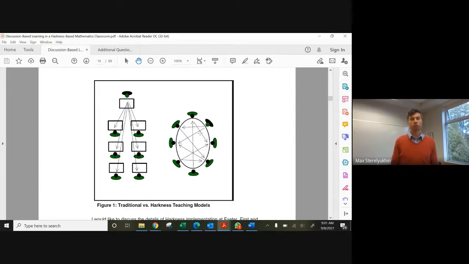And of course, there are some noticeable differences in terms of how the learners and the teacher are oriented, and the arrows indicate the utterances, or when the teacher is addressing students or students addressing teacher. You can see it's a little bit one-directional in the traditional model, but when you compare it to the Harkness model or the discussion-based model, obviously the students are seated around an oval table with the teacher seated with the students, which already creates an interesting dynamic change from the traditional environment.